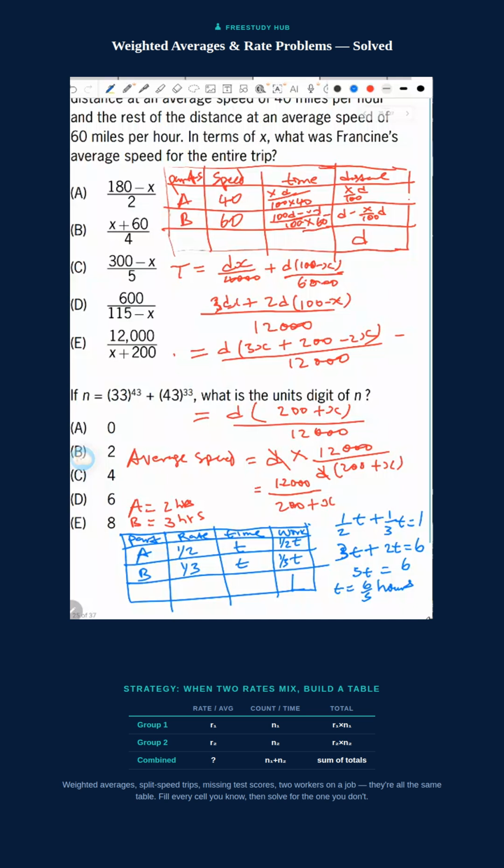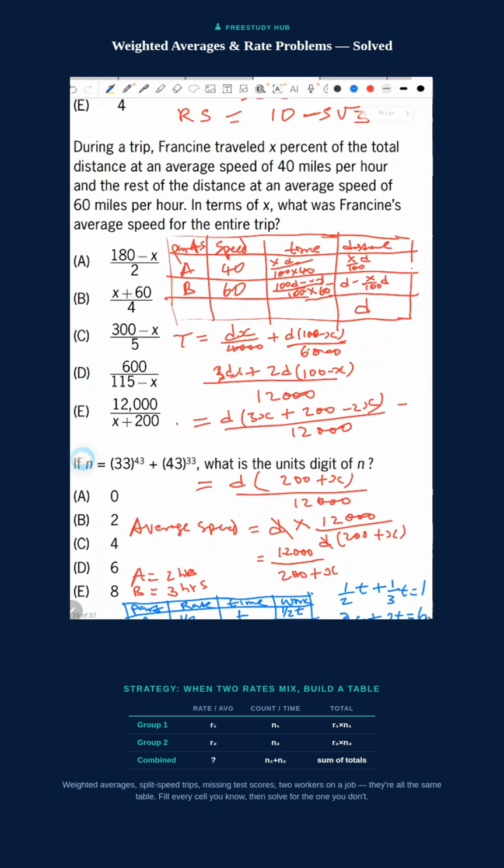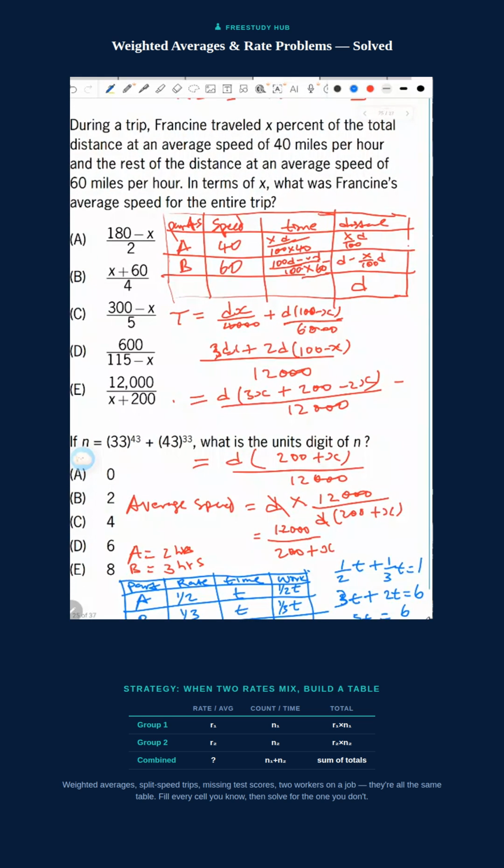Don't forget that if you choose a number for a question like the distance during a trip, where the fraction travelled is x%, that doesn't mean the answer is going to be straightforward. You still need to test all the options to get the one that gives you the number you selected.